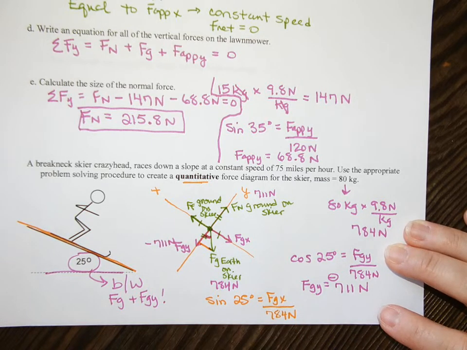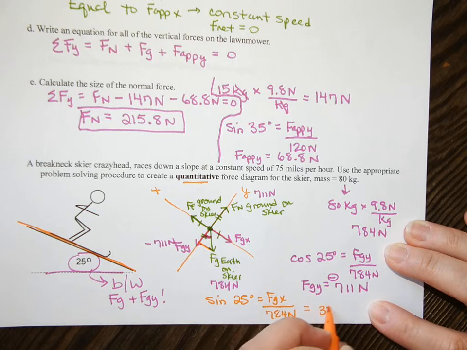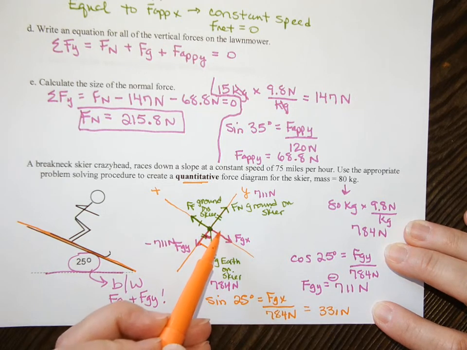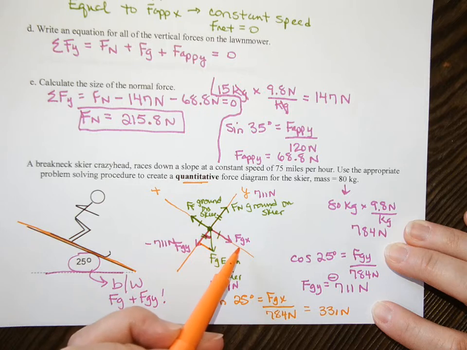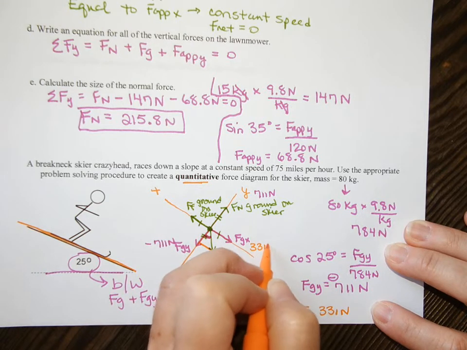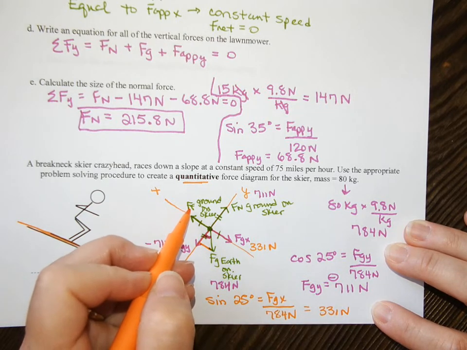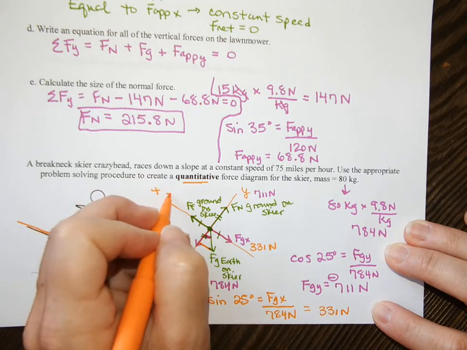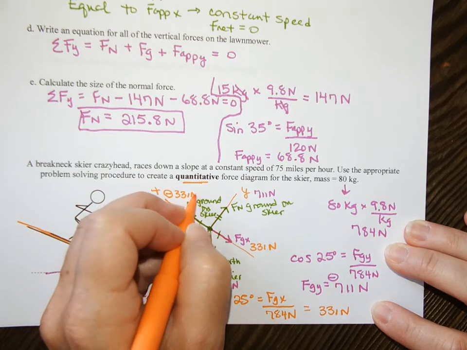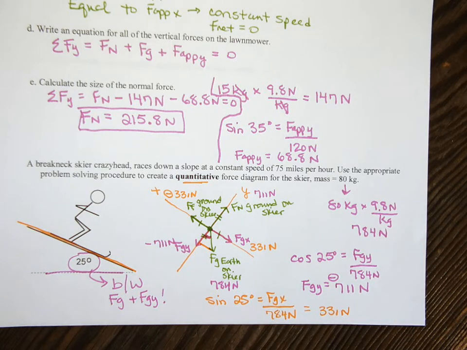So if you multiply that out, 784 times the sine of 25, you get 331 newtons. And since FGX is in the positive direction or to the right, it's going to be positive 331 newtons. Friction then is equal and opposite to that. That's going to be the negative 331 newtons. And with that, we have created a quantitative force diagram, and we labeled all of our forces and the components in that working diagram.